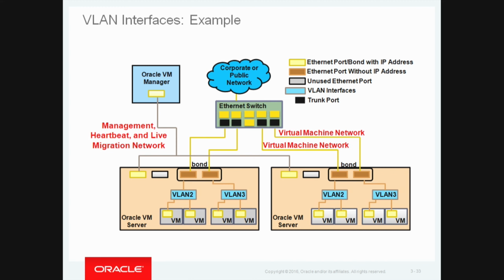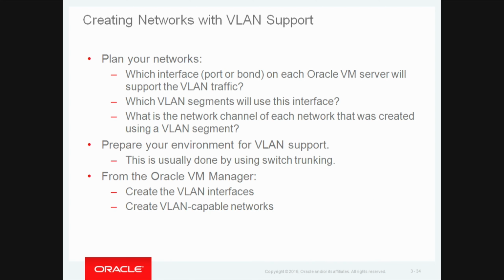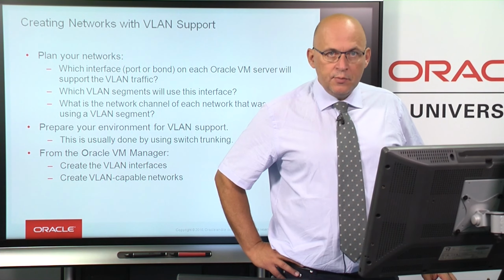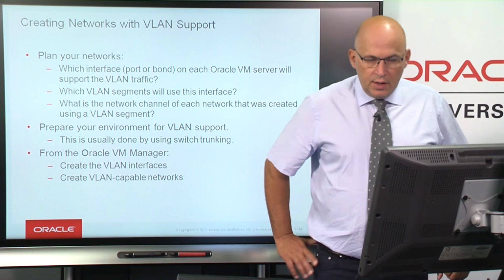And once we have these VLANs, traffic which is coming with the specific tag 2 or 3 will be routed inside our virtualization infrastructure to the correct servers that are using these kinds of networks.